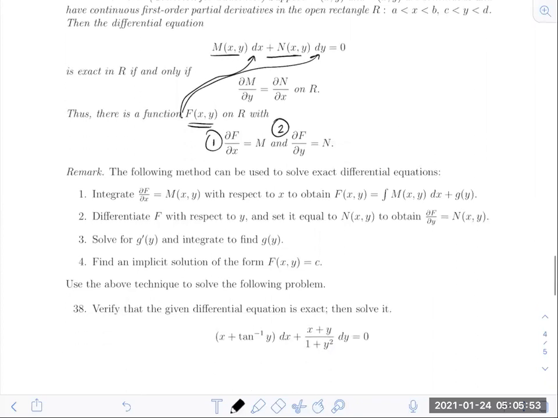So here is the method that we're going to be using while we're solving these exact equations. We're going to set up those two equations, which I have numbered 1 and 2, and pick one of those equations to work with. I will arbitrarily always work with equation 1, but you could just as well do this method working with equation 2 first.